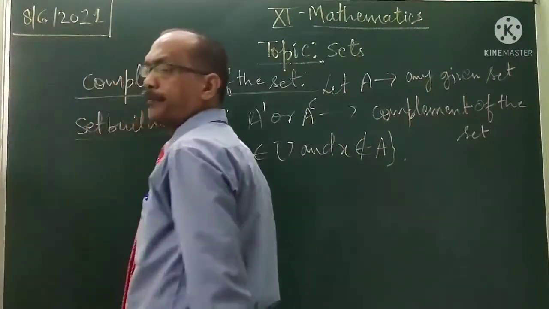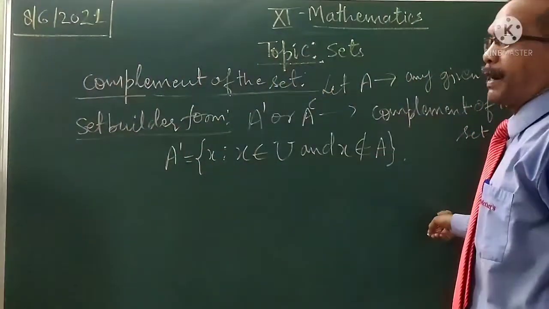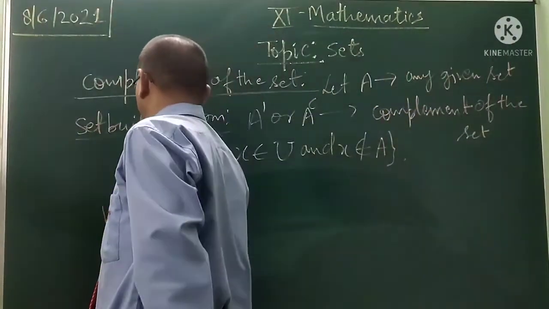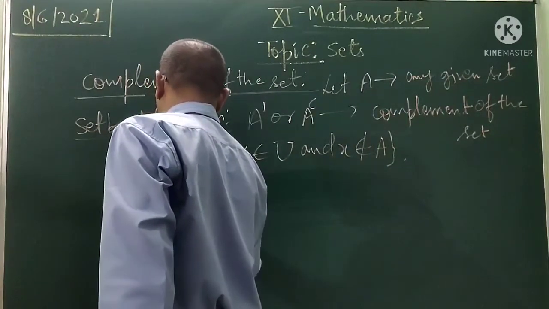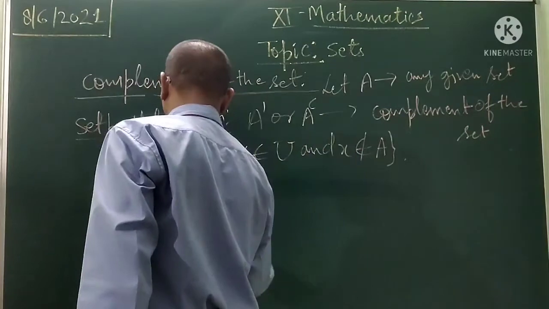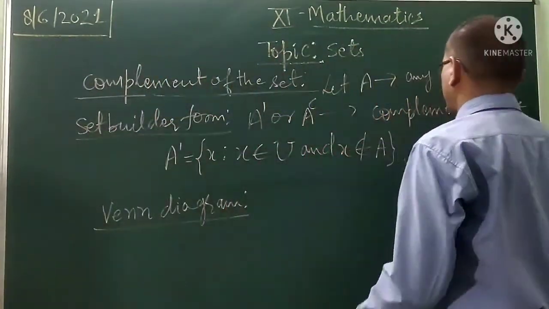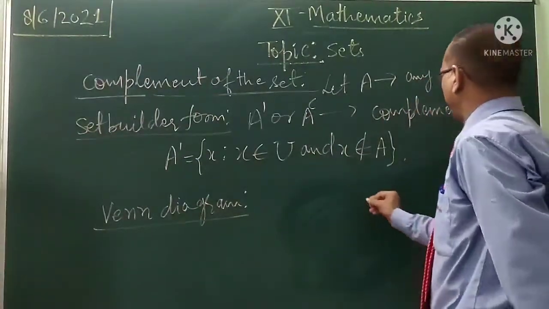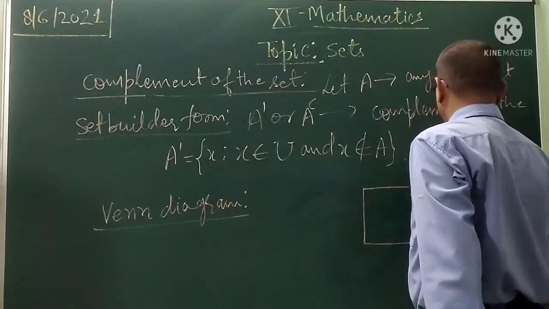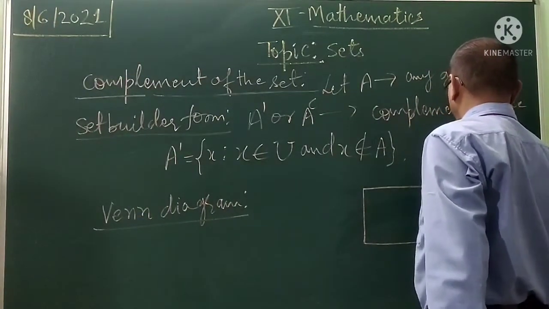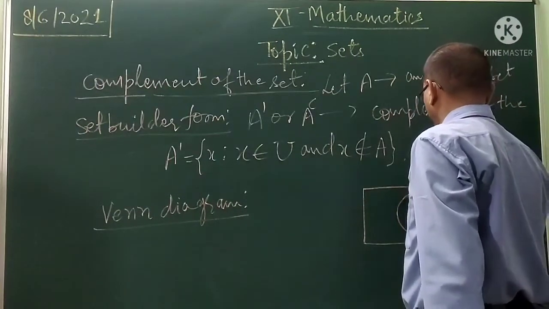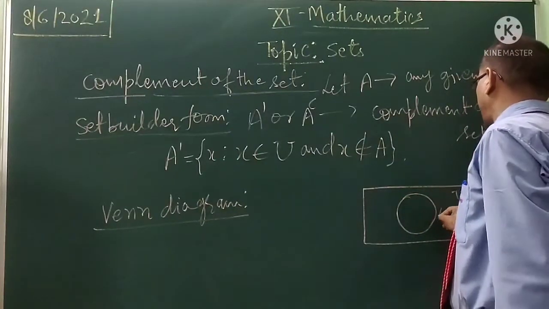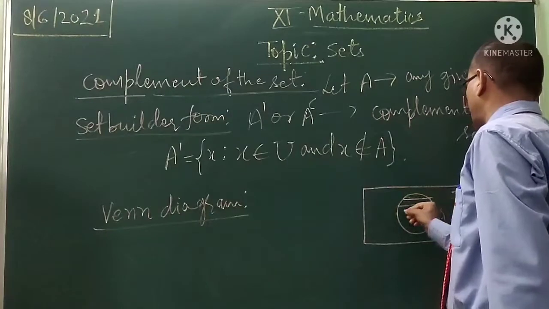Now, let us see the Venn diagram. There is the universal set, and there is set A, represented by horizontal lines.